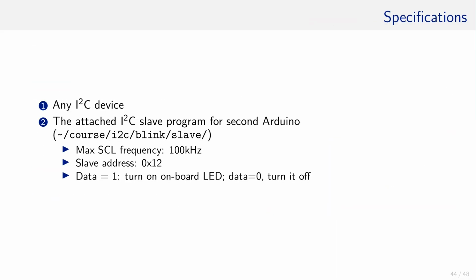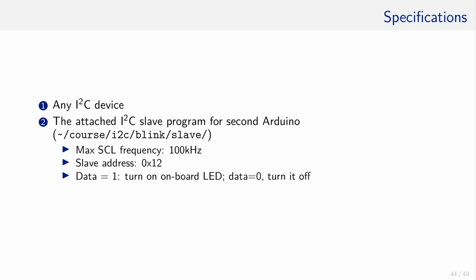Let's start with the implementation. If you do not have an I2C device, you can use the attached binary. It is a program that makes an Arduino an I2C slave. So instead of an I2C sensor, you require two Arduinos, one that we program as master and the other one executing this slave program.